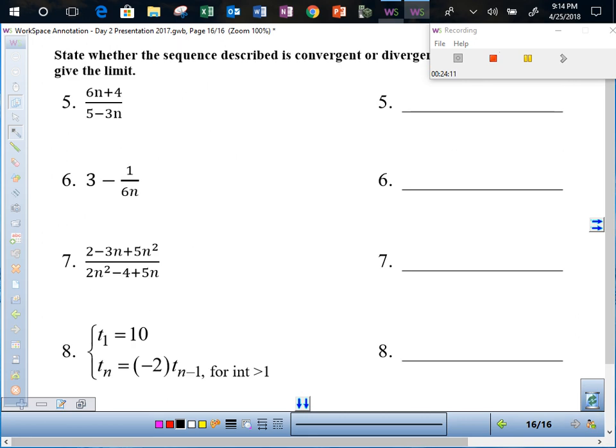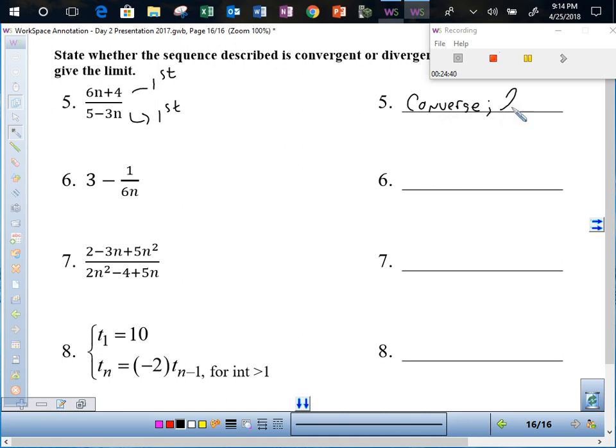Here's my last couple. My number 5, 6n plus 4 over 5 minus 3n. Number 1, go find your highest power. The highest power in the numerator is n to the first. The highest power in the denominator is also n to the first. So that means this thing is going to converge.